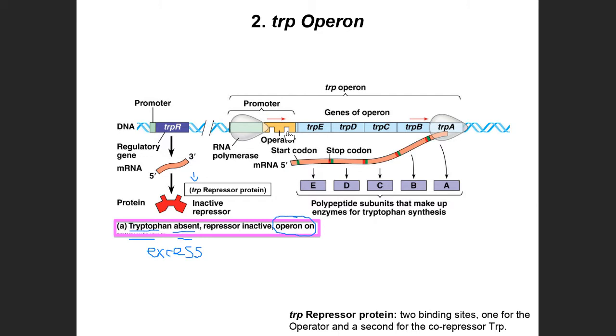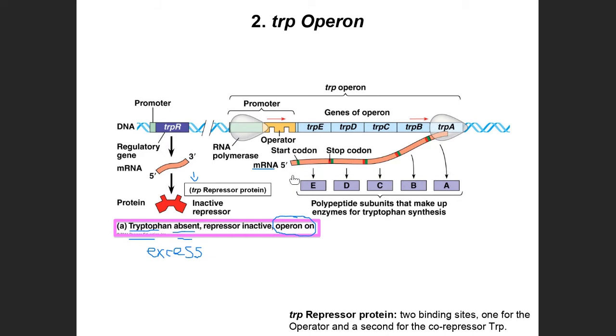Therefore, under normal circumstances, since the trp repressor protein is inactive, gene expression of the trp operon is on. RNA polymerase can freely bind to the promoter, slide over to the first of 5 genes, and transcribe all 5 genes into one molecule of mRNA.